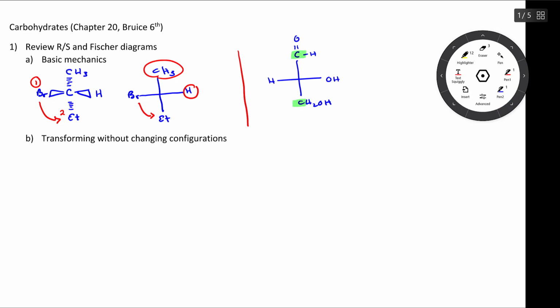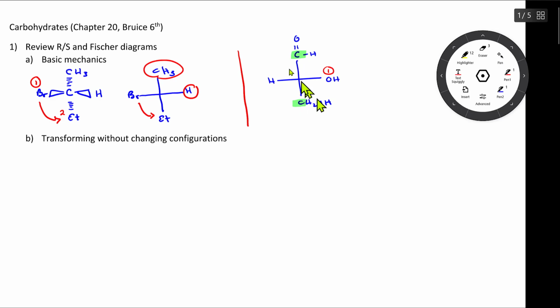And so when you're looking at these carbons, well, number 1, by the way, is easy, right? Because it's the oxygen. So this is actually number 1. But which one's number 2? And the way you do the assignment is, since these two groups both are carbons, you look at the next atom bonded to it.